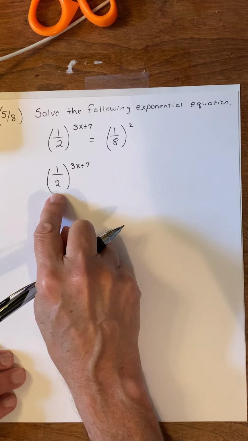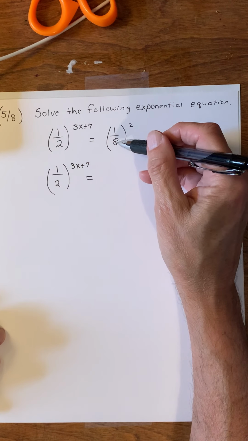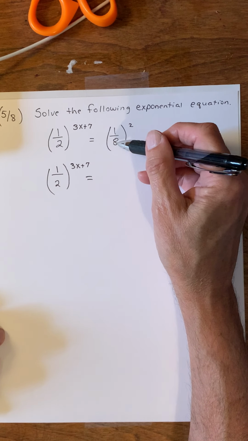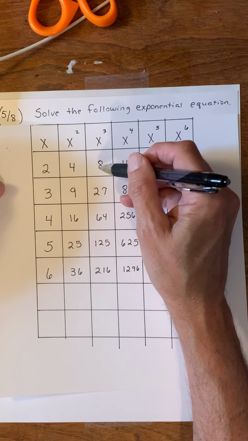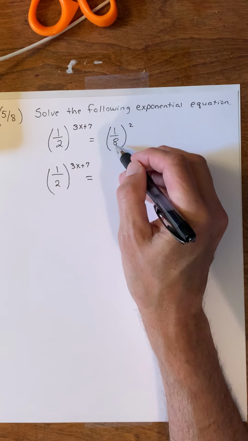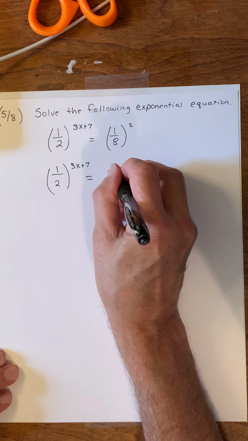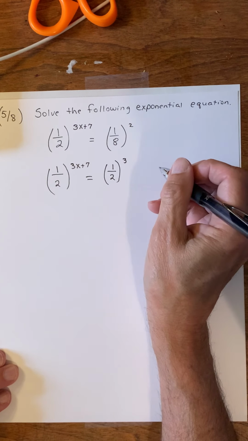So this guy already looks good. What I need to do, however, is substitute something for 1/8. And just as 8 is 2 to the third power, so 1/8 is 1/2 to the third power.